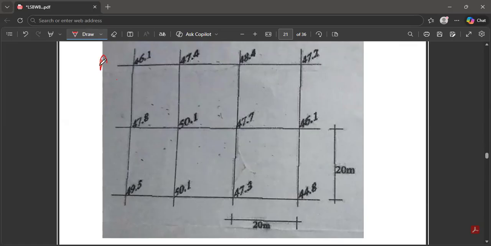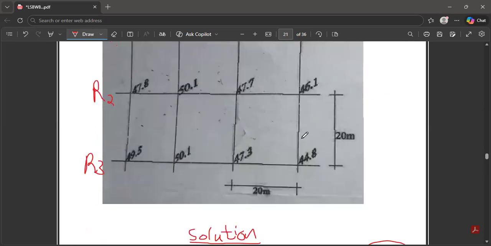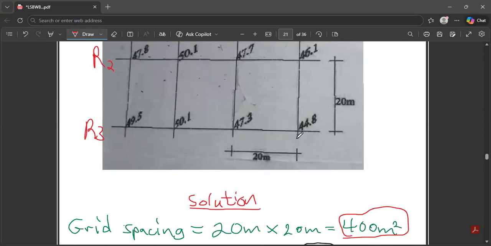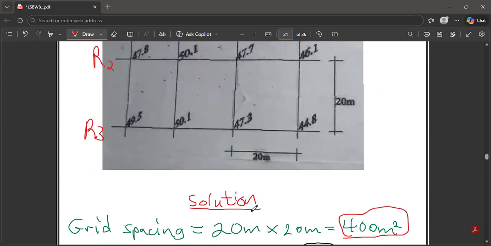This is row 1, this is row 2, this is row 3. This is column 1, column 2, column 3, and column 4. So at the end of the day, there are 12 squares.